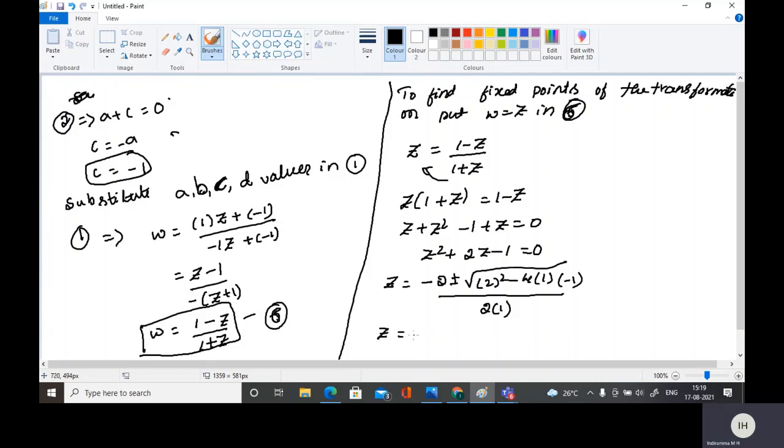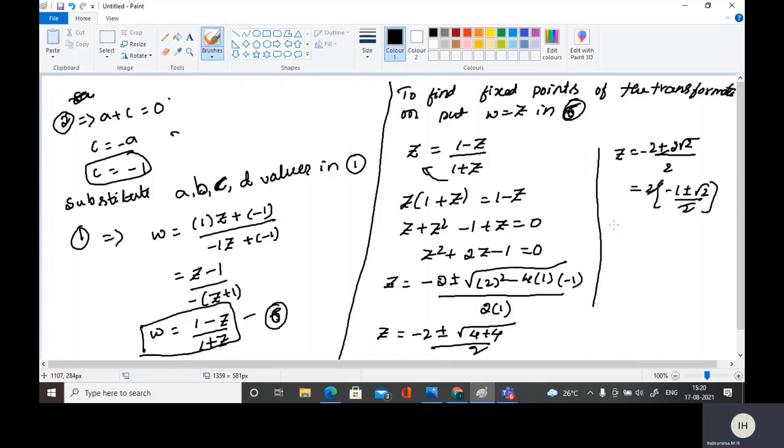Therefore, Z is equal to minus 2 plus or minus root of 4 minus into minus plus 4 by 2. So Z is equal to minus 2 plus or minus root 8 by 2. Root 8 can be written as 2 root 2. Take 2 common: minus 1 plus or minus root 2 by 2, so 2 and 2 cancel. Therefore, invariant points are minus 1 plus root 2 and minus 1 minus root 2.